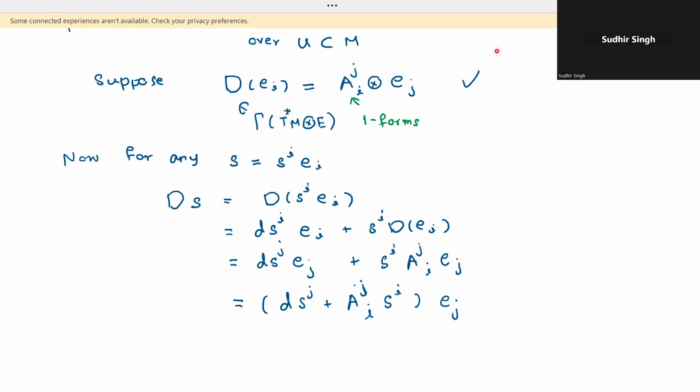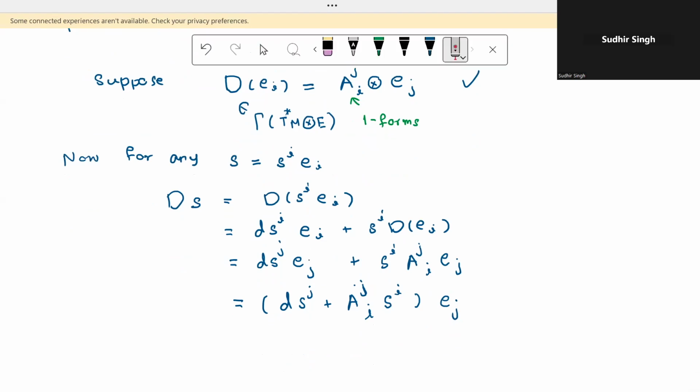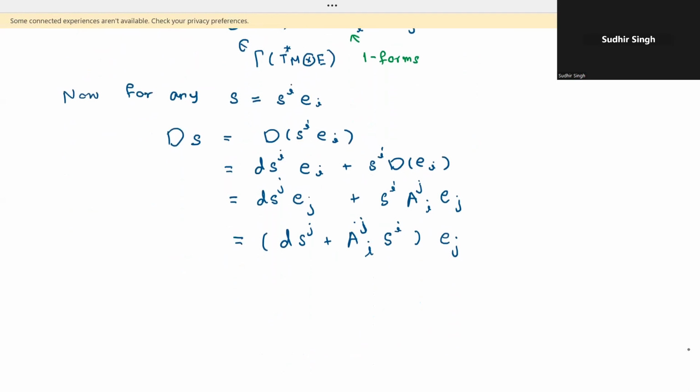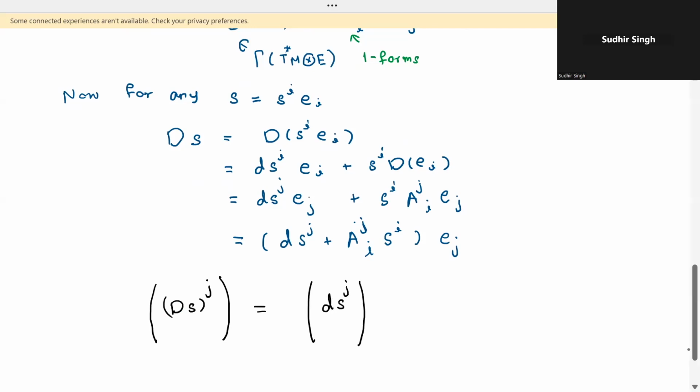And if we look at the coefficients and write it out as a column vector, what we have would be D, the covariant derivative, the J component. So these are one forms, and I'm writing it as a column vector.